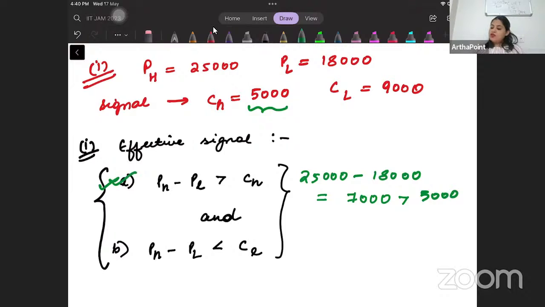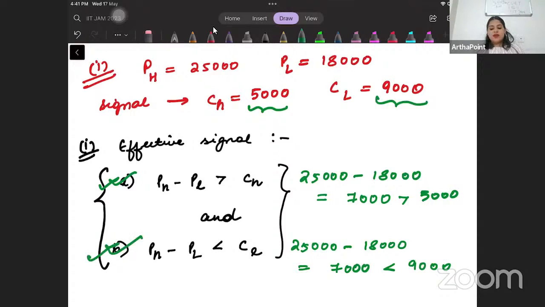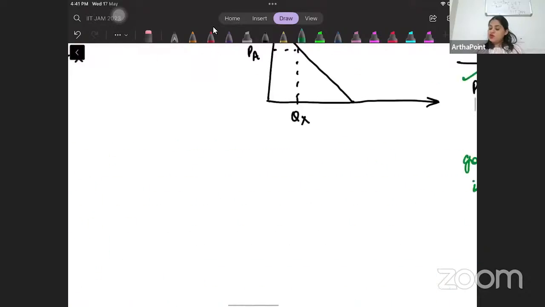Look at the other condition, beta. PH minus PL is 7,000 and this is clearly less than 9,000, जो cost of providing warranty for L है, so this is also satisfied. Because both the conditions are satisfied, it is a clear effective signal.